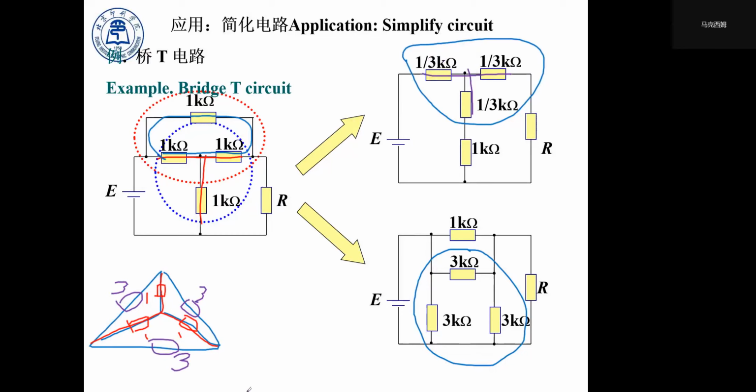And also, if you choose this T-shaped network at the bottom, we can just transform that into this kind of pi-shaped or delta-shaped network. And since its inside is 1, we can transform that into 3 kilo ohm. So 1, 2, 3, visual.